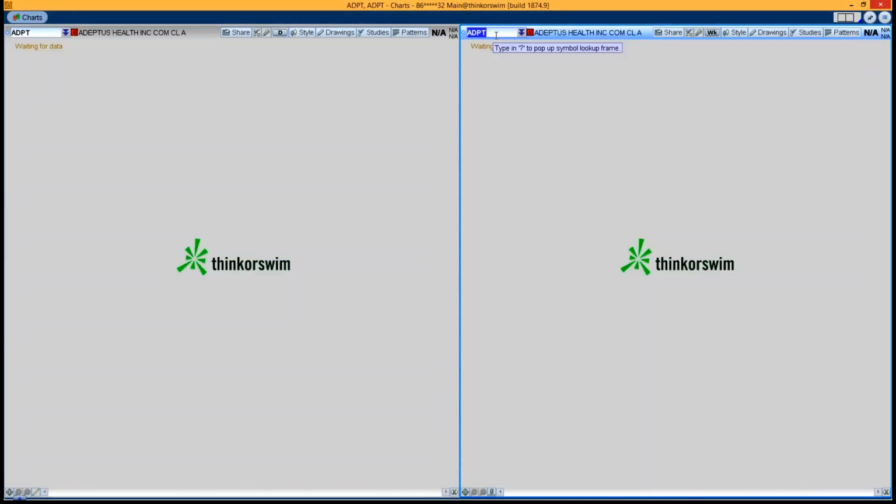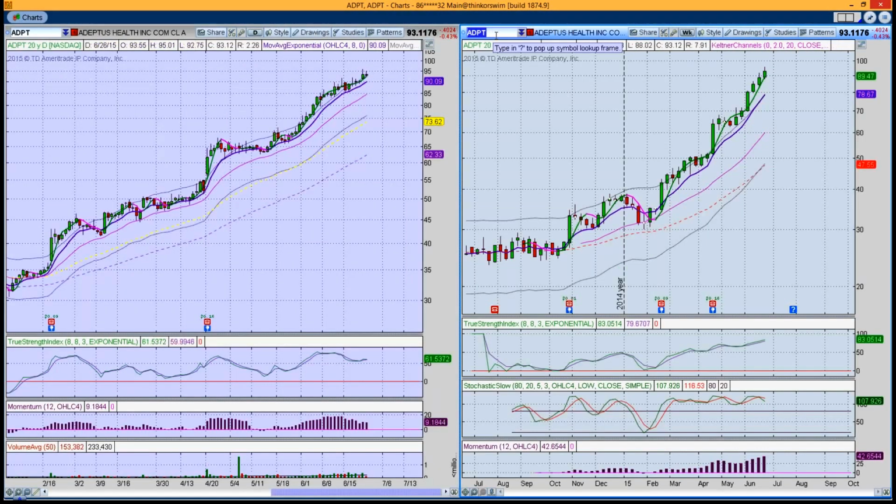ADPT. Okay, it looks like it's continuing to push higher. It'll probably run into resistance at about the $100 level. It's a little bit light on volume for the stocks that I like to trade, because I like to trade stocks that are no less than about 500,000 shares per day.